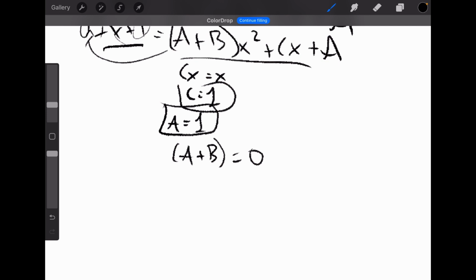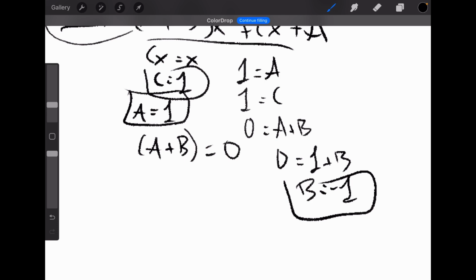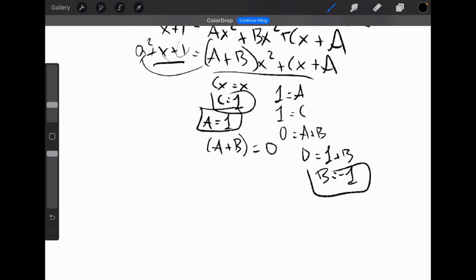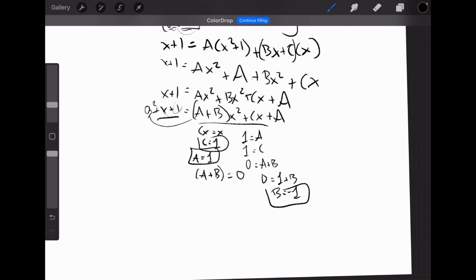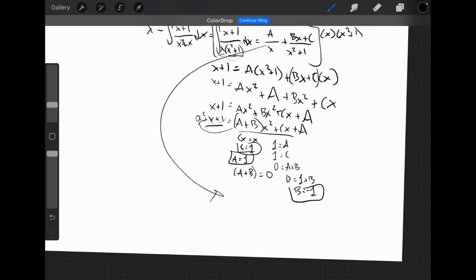So this is now a system of equations. Let me rewrite this. 1 is equal to a, 1 is equal to c, 0 is equal to a plus b. So now we just have 0 is equal to 1 plus b, and now we know b is equal to -1. So now we have a, b, and c, and we just plug it back in. I'm going to draw it down here.